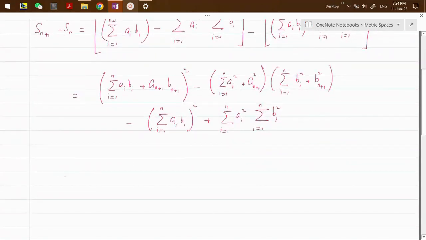So we expand by using the formula (a plus b) whole square. When we apply the formula (a plus b) whole square in the first term, this one, so what we get?